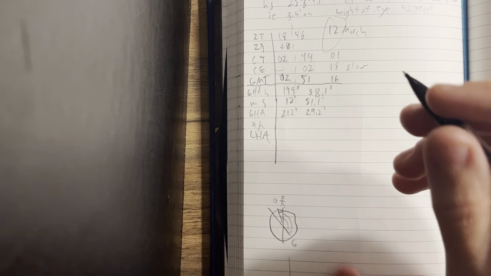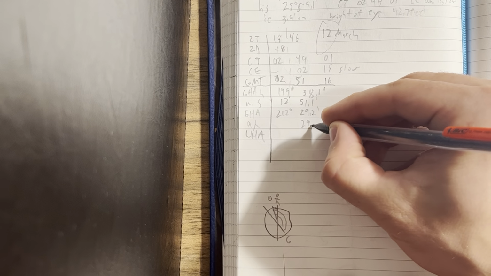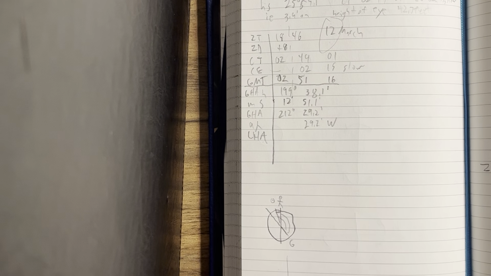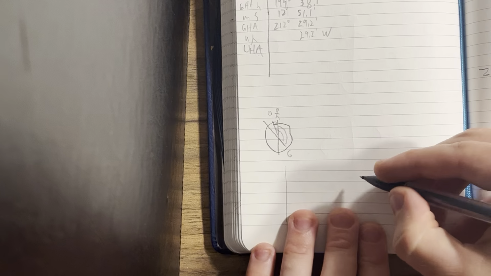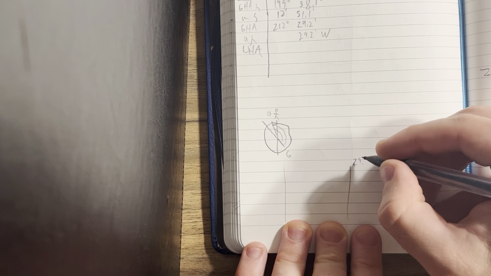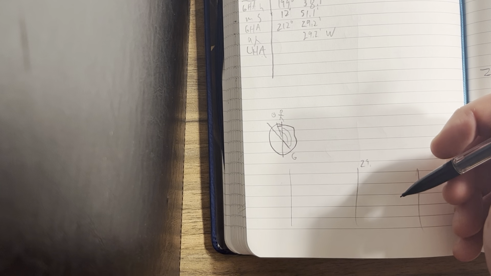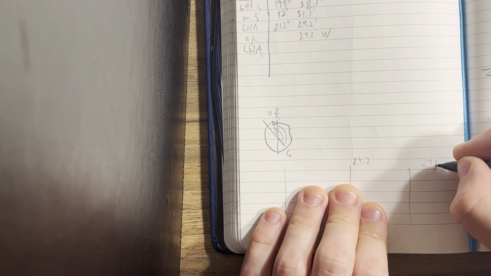Because we want a whole degree value, we're going to set our assumed longitude minutes to be the same as our degrees so that they subtract out to 0. So we're going to set up our 3 meridians. Remember, they're all going to have minute values of 29.2.